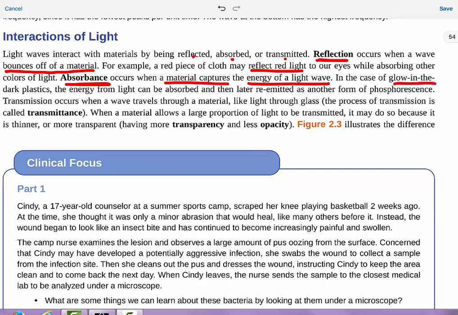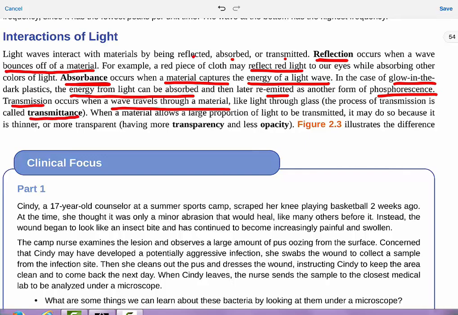In the case of glow-in-the-dark, they mention here, the energy from light can be absorbed and then later re-emitted as another form, phosphorescence. So it's absorbing those light waves, but then that particular material is able to release or re-emit those light waves. And then we have transmission, which is the third. Transmission occurs when a wave travels through a material, like light going through glass.